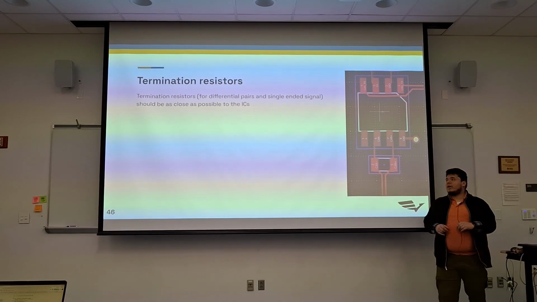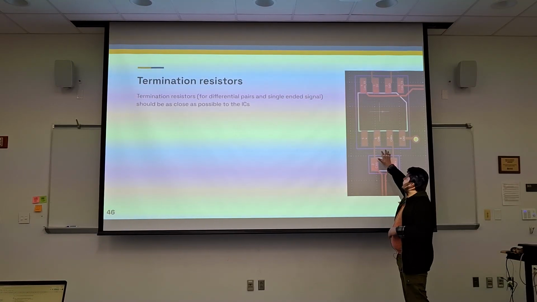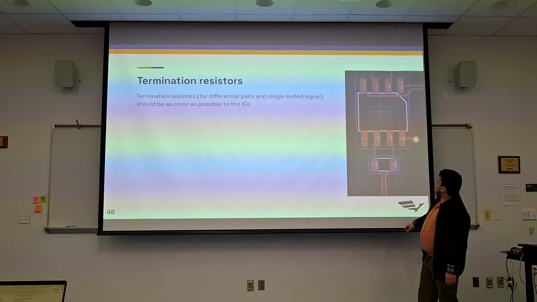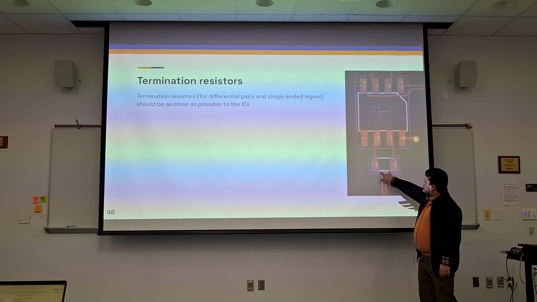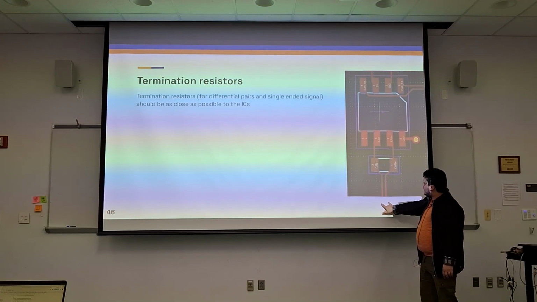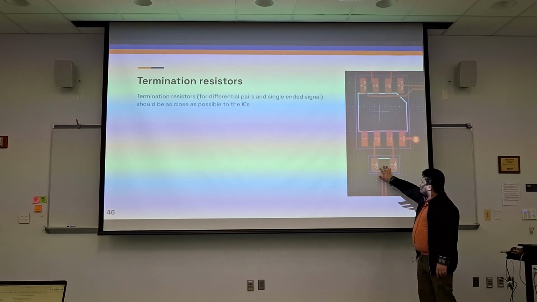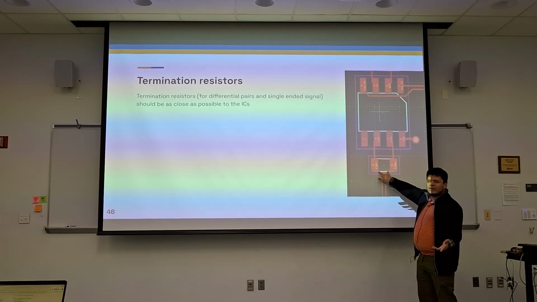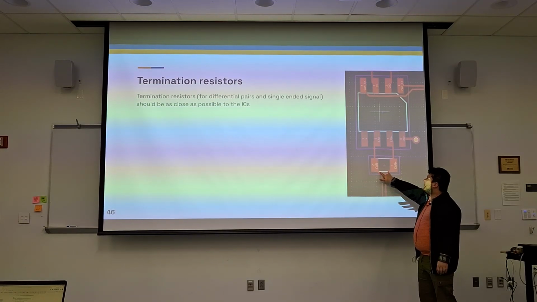And then termination resistors should always be as close as possible to their load. It doesn't make any sense to put this far away, since the whole point of this is basically impedance matching again, right? So for a CAN, you're usually going to have, I think, a 120 ohm termination resistor.